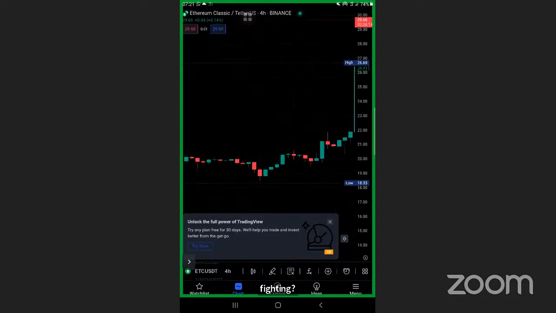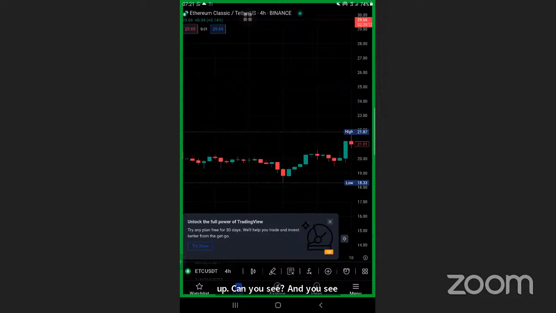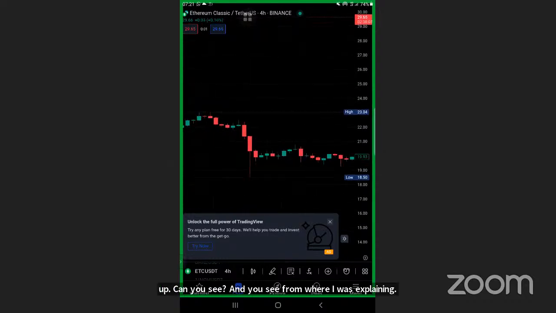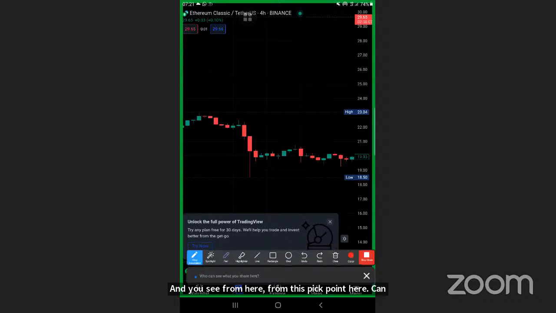Can you see from where I was explaining, from this peak point here? If you look closely, can you see what happened after this long press of sellers, the presence of a longer lower shadow?